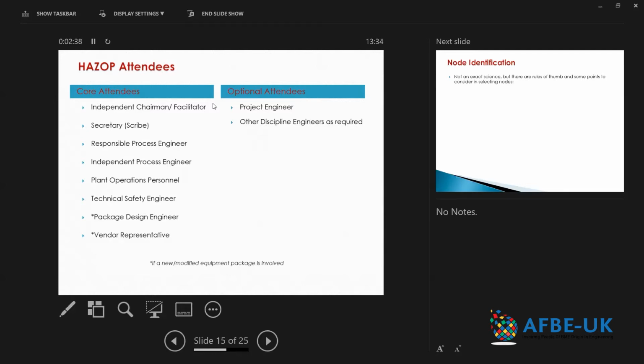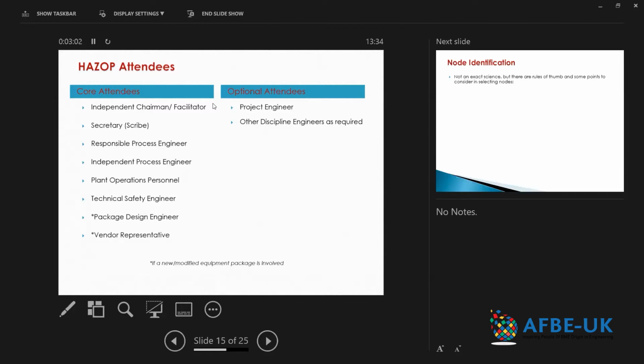Within your engineering team as well, you would have an engineer from the mechanical engineering team who is responsible for that equipment, managing the vendor and looking at the design. They should be in that HAZOP as well. So those are the core attendees that you need at the HAZOP.